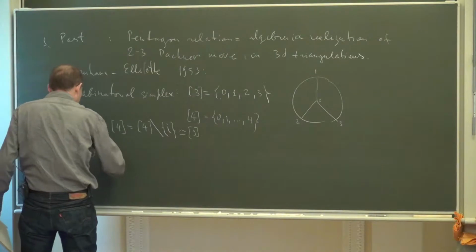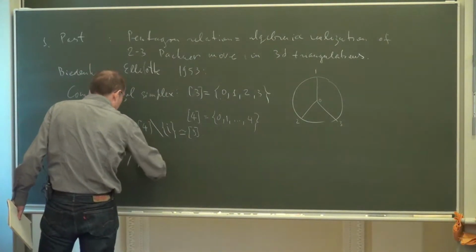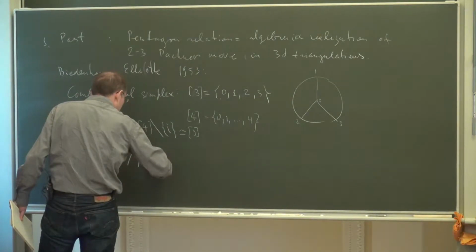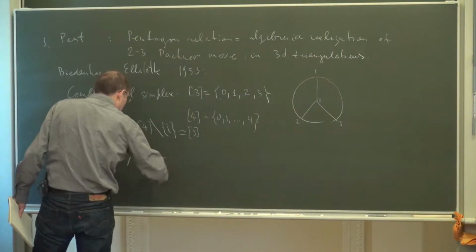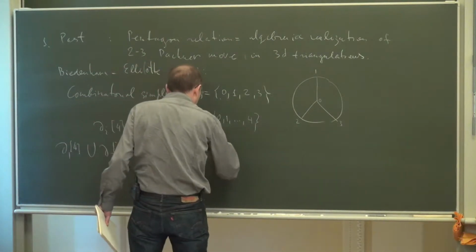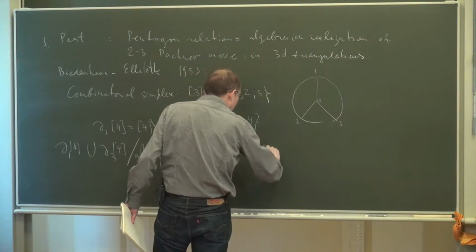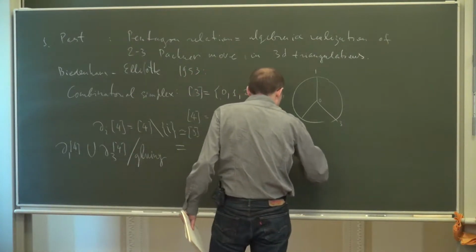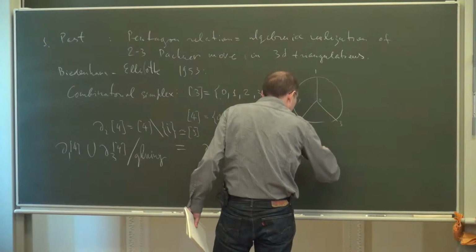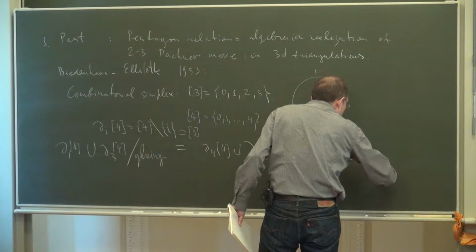Let me put it like this: d3 for gluing equals d4 for d2 for d0 for, and here we have many gluings.